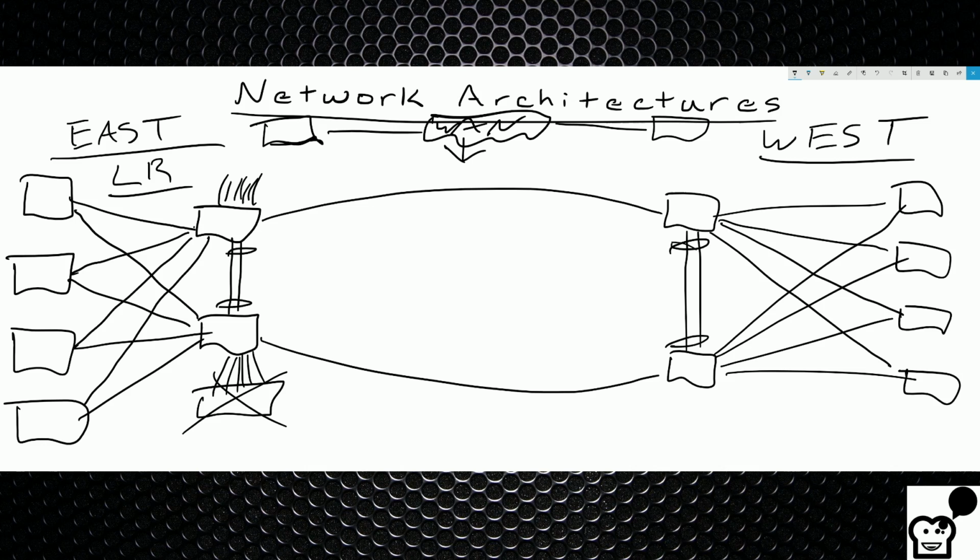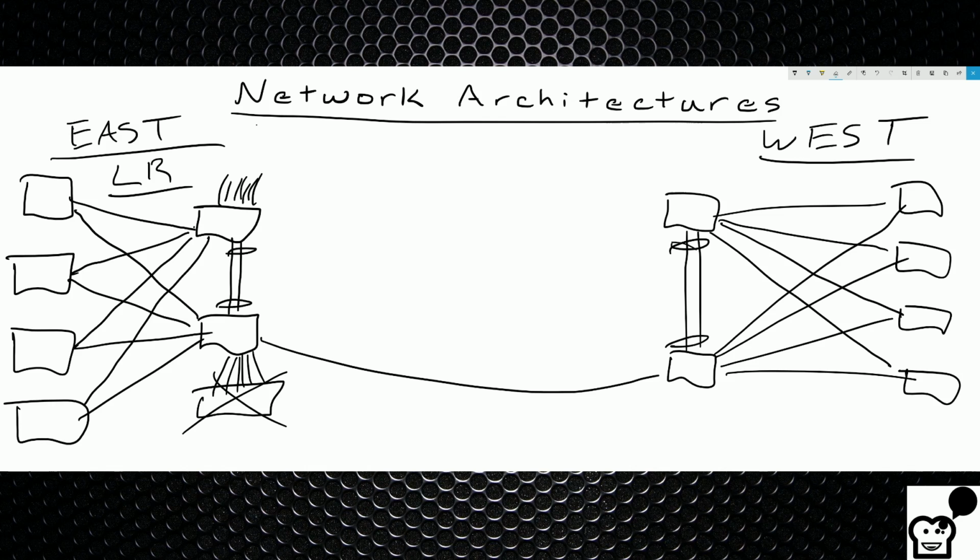Now the core part that I was kind of mentioning earlier is pretty much beyond these WAN edge devices over here, and it's basically a service provider network, which I'm not going to draw a service provider network for you, but we would have our edge devices connected into what's called the service provider edge.